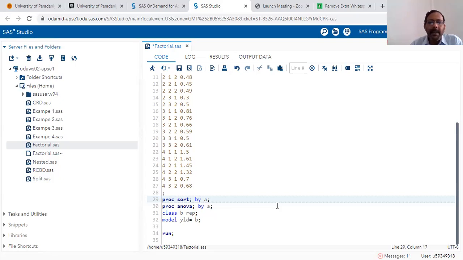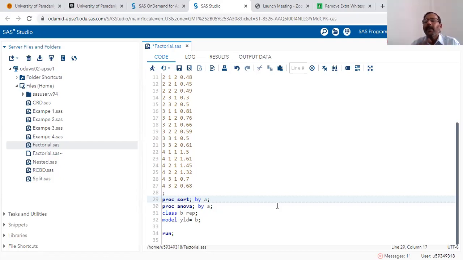class statement with the classified variables. Now the classified variables are B and rep, because ANOVA is already going by A, so we cannot say A is a classified variable. So now the classified variables are B and replicate. Then the model. We are giving the model for each level of A. So that model depends only on B, factor B, nothing else.